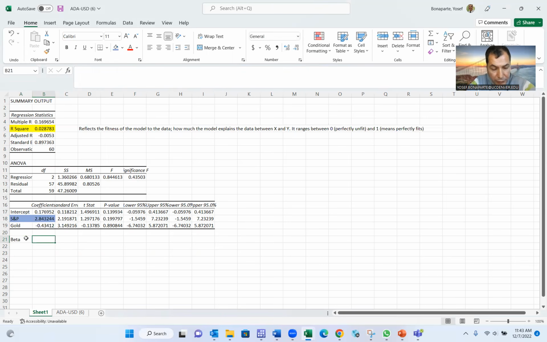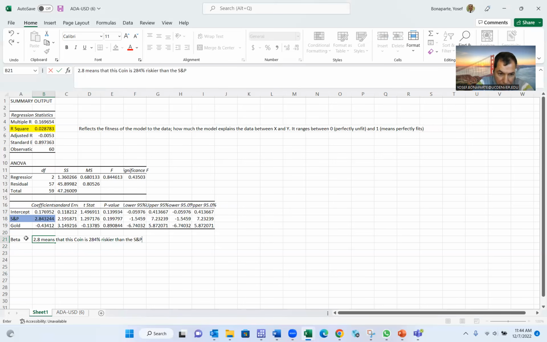Beta reflects the riskiness of Cardano relative to S&P. 2.84 means that this coin is 284% riskier than the S&P, because the S&P risk is 1 and this is 2.84. That means 284% riskier than S&P.